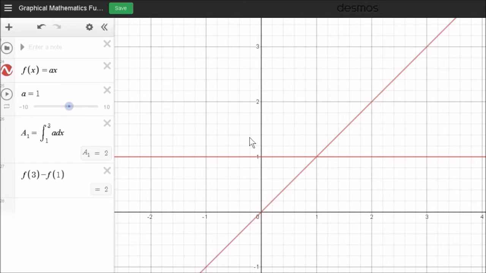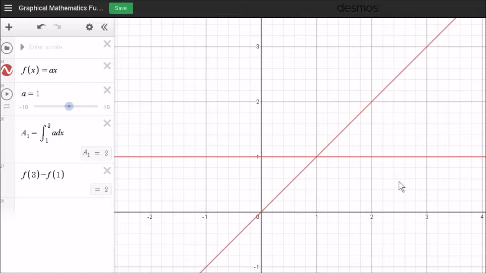But that value 2 is the same as the area here, which is 2. So really what we're saying here is the difference in height of the original function between these 2 points, 3 and 1, is the same as the area of this new function between points 3 and 1.